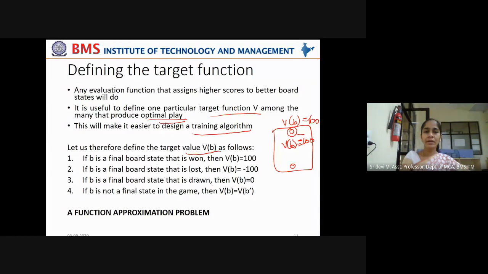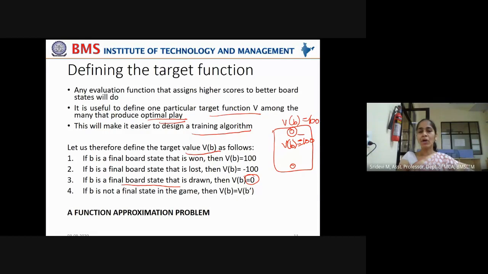And the third one is, if B is a final board state that is drawn, say by taking a move the game is drawn, in that case give it a 0 weight, because it didn't result in winning or losing the game.